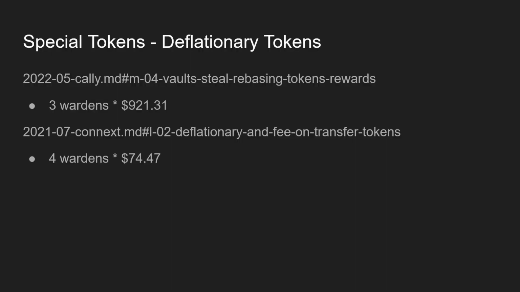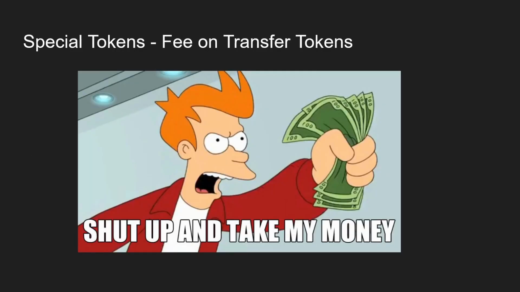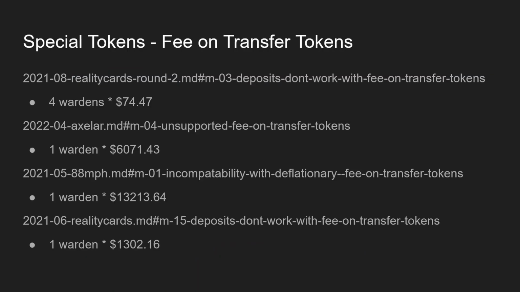Support of deflationary tokens has only been brought up twice in previous audit contests, but the fee on transfer tokens definitely the biggest shut up and take my money finding on Codearena. I've compiled a full list here which you can find in the video description below. And you can see early on some of these findings are getting paid a massive amount in 2021 when there were not that many competition on Codearena in terms of auditors.